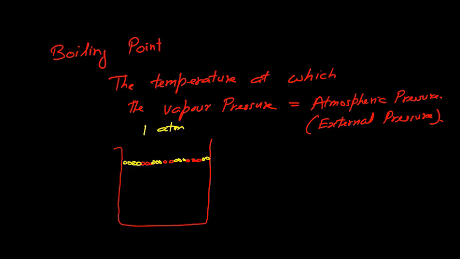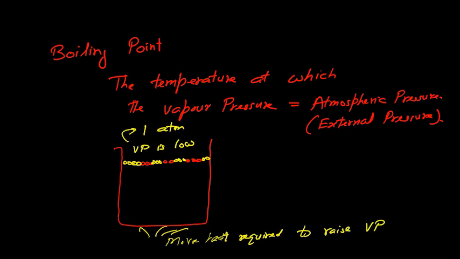But in this case, vapor pressure is low, because there are solute particles. So to make vapor pressure equal to 1 atm, we will have to provide more heat. More heat is required to raise vapor pressure and make it equal to 1 atm, because at 1 atm vapor pressure it will start boiling.